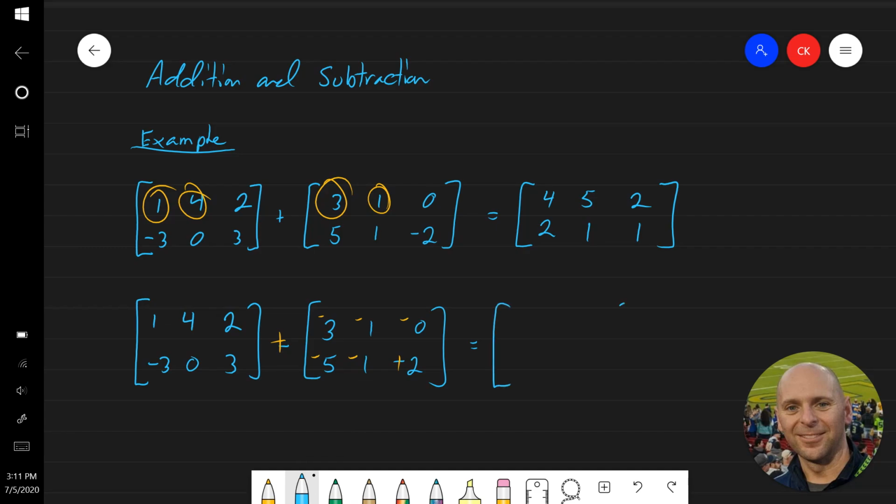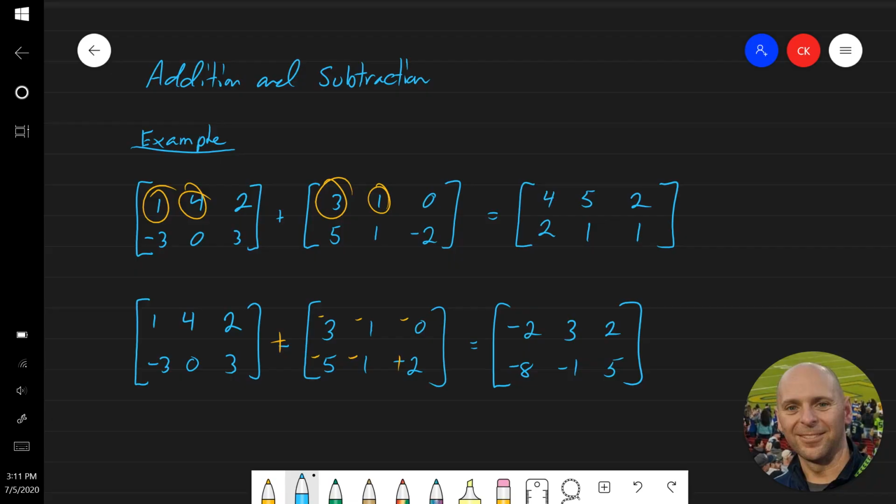So here, the result of the subtraction would end up being minus 2, 3, 2, and then across the bottom row you would have minus 8, negative 1, and 5. So that would be the subtraction of those two matrices.